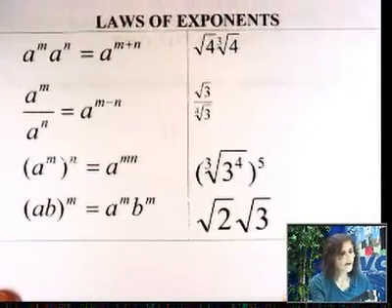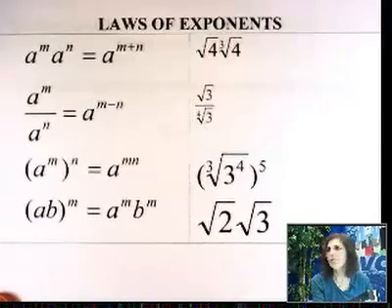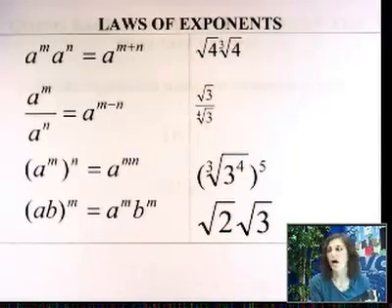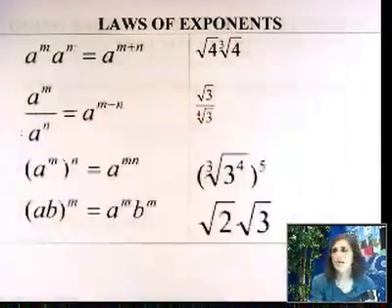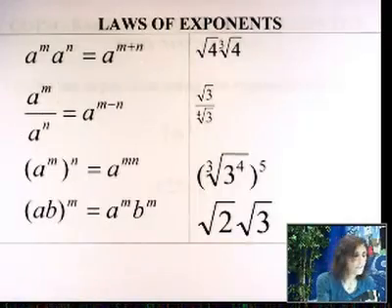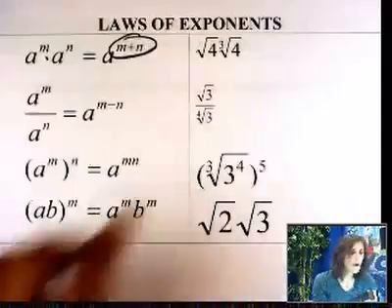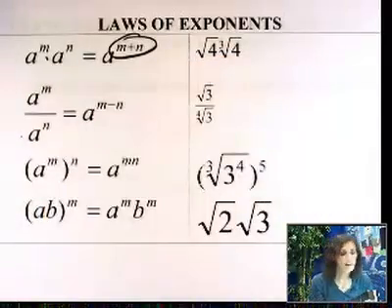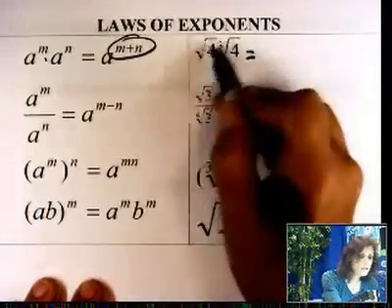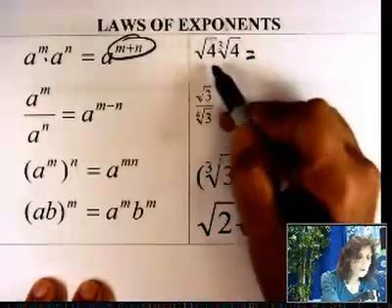Now let's look at a couple of rules, how this works. I know that in a regular exponent, a to the m times a to the n, you add the exponents. Well, how do I do that from the radical notation? What does this mean? You can do it like this. Watch.